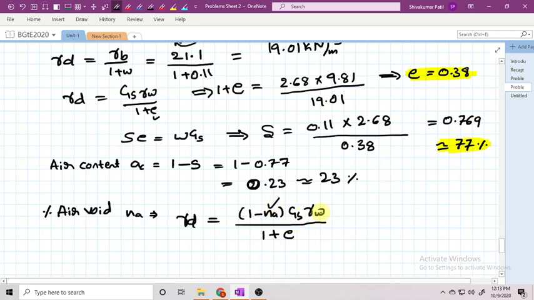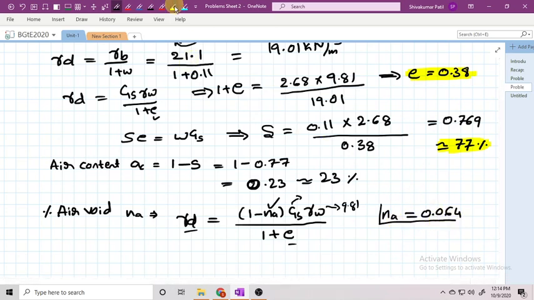I know the specific gravity 2.68, gamma W is 9.81, and E also I know, gamma D also I know. So the only unknown is Na. Na should be equal to 0.064. This is the percentage air voids.